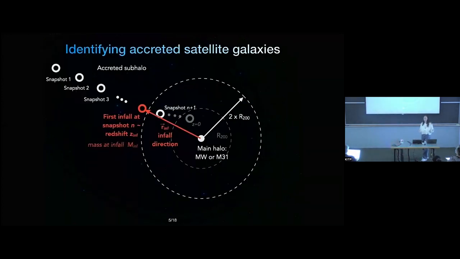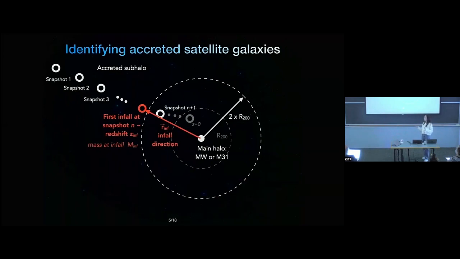So first, we need to identify the accreted satellite galaxies. We define satellite galaxies as subhalos that are located within R200 of the main host, either Milky Way or M31, at redshift 0. And then we track them backward by looking at the merger tree.